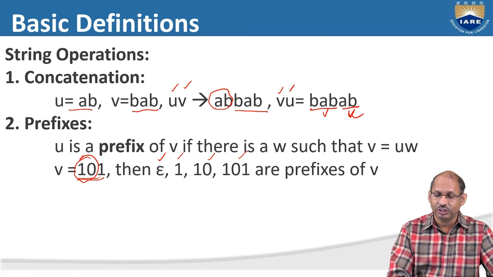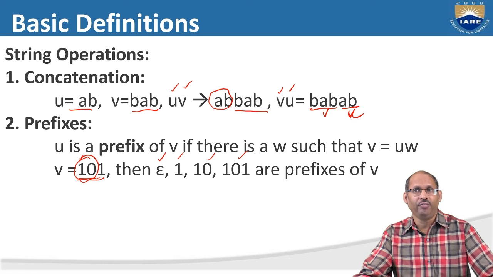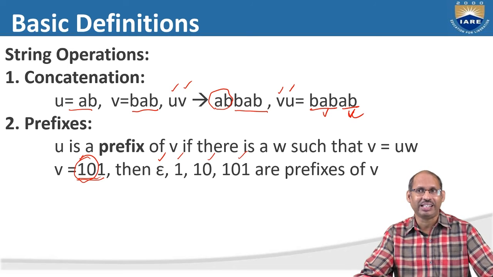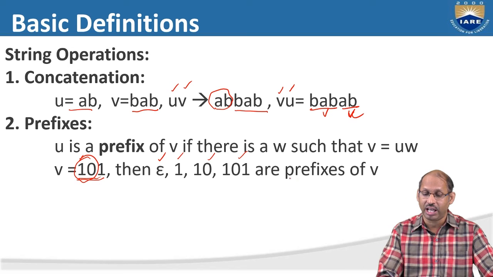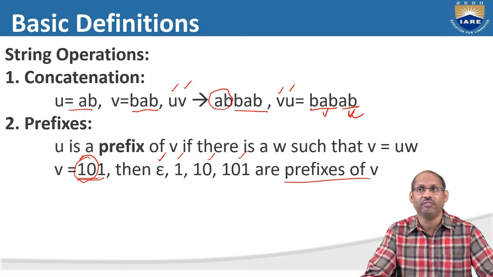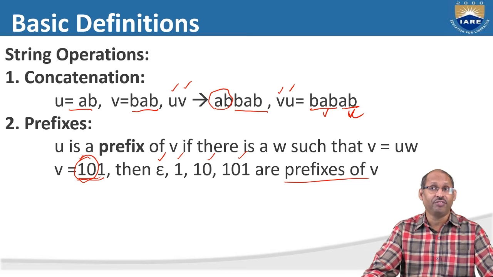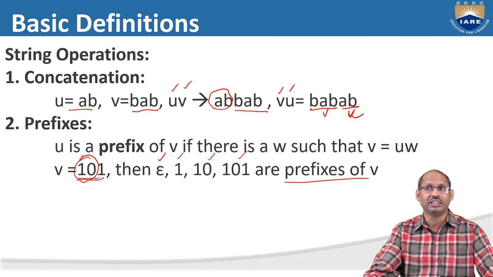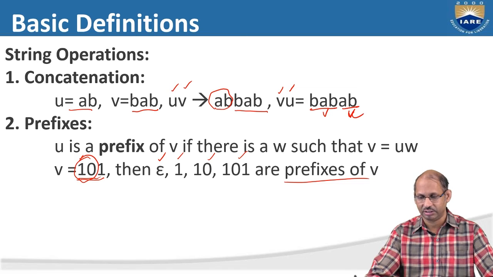Then 1 0 1. A group of a sequence of leading characters, starting characters, we refer to as prefixes of V. V is a prefix, then epsilon, 1, 1 0, 1 0 1 are the valid prefixes.